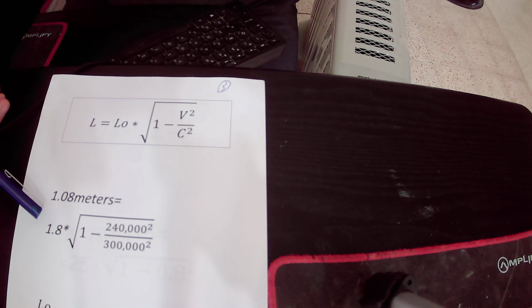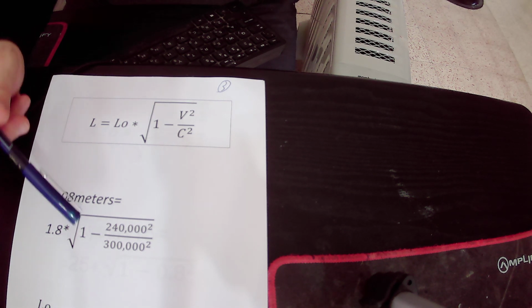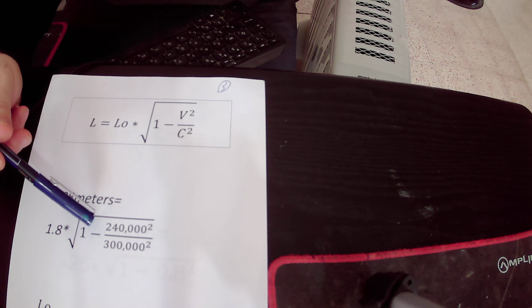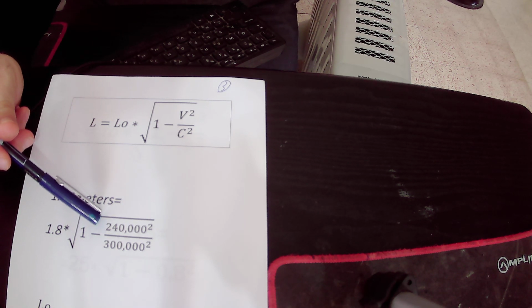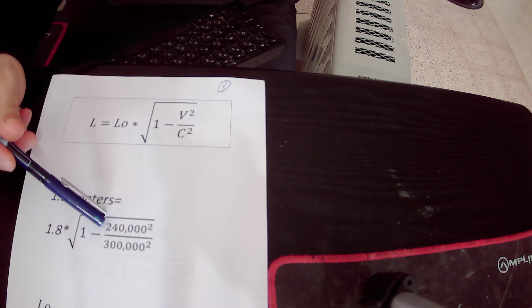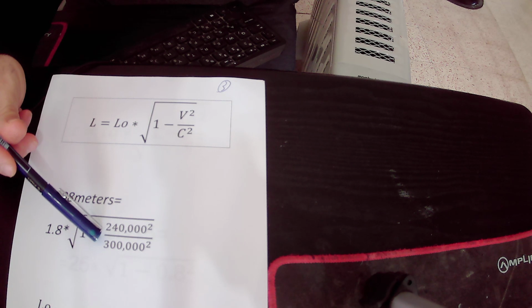So in our example, as I've already said, L naught is the height of the twin brother on Earth when he is not moving. We multiply it by the root of 1 minus the speed of the twin brother that is traveling in the spaceship towards the star Epsilon at the speed of 240,000 kilometers per second, and we square the velocity, and then we divide it by the speed of light squared.